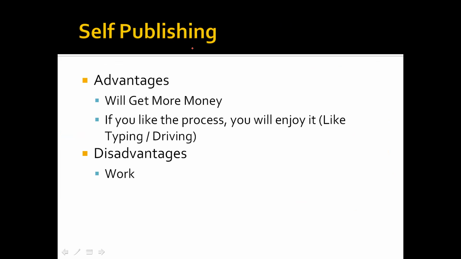For example, it is just like driving. Some people enjoy driving. Some people want to sleep during the travel, some want to read, some want to see the sceneries. Some people will really enjoy driving.